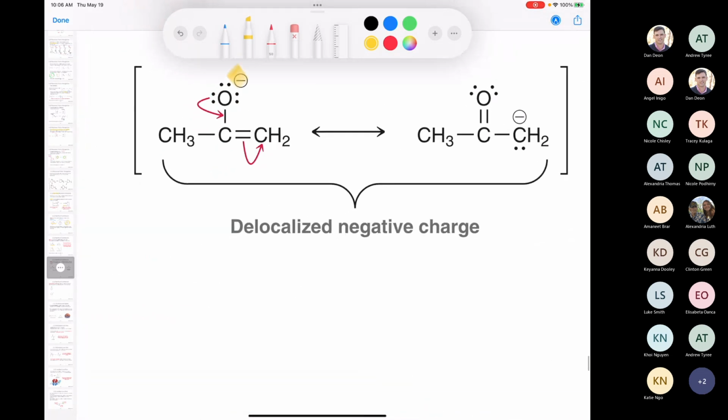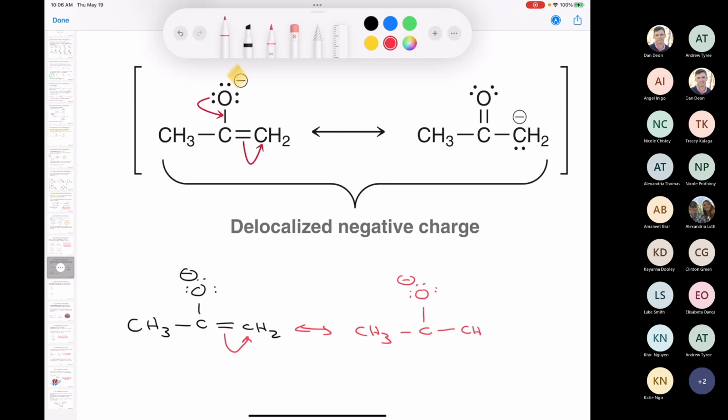If you were to take this compound, and I'll redraw it here with my black pen. If you took this resonance contributor, this right here, and if you were to say, well, I've got a pi bond here, couldn't I draw something like this and then end up with this, where you would have a negative charge still here, then you'd have a CH2 like this.